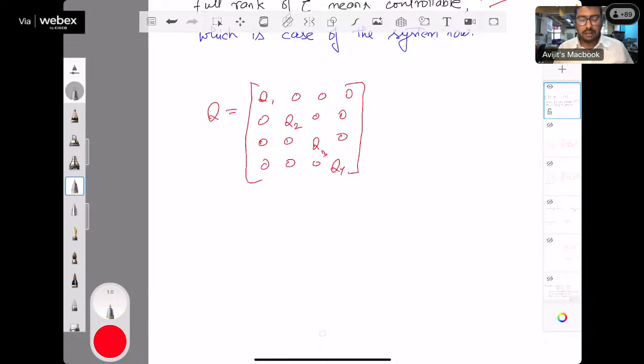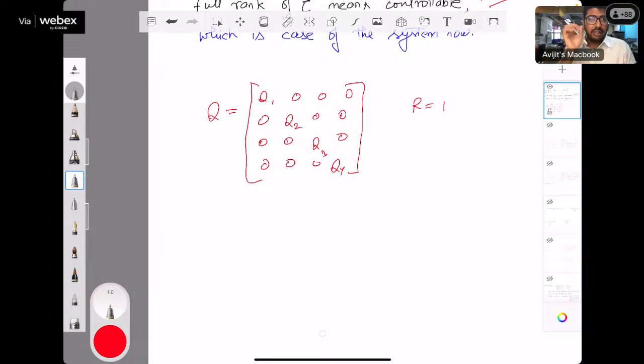And R here in our case is a scalar value, 1. If you remember, x transpose Qx is the error cost, so this shows in which state I want to minimize the error the most.